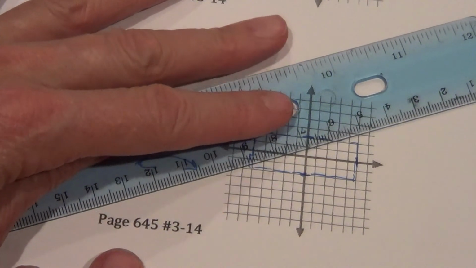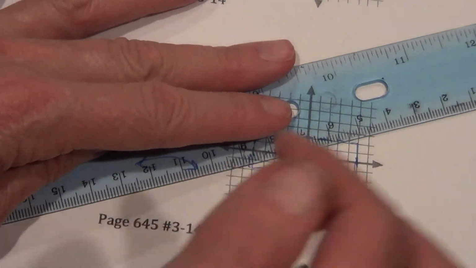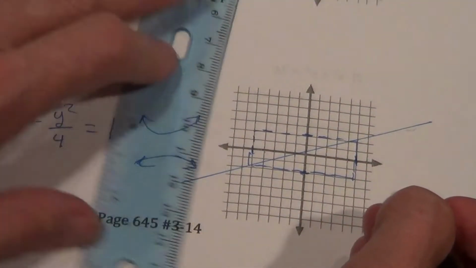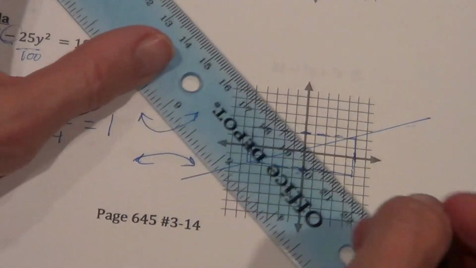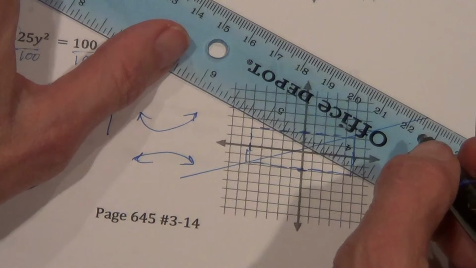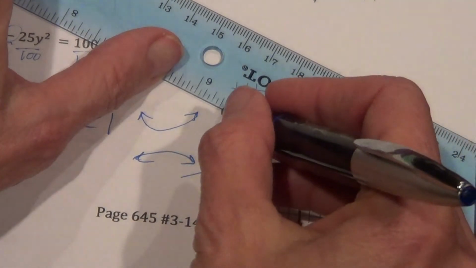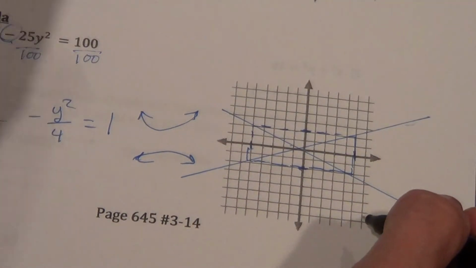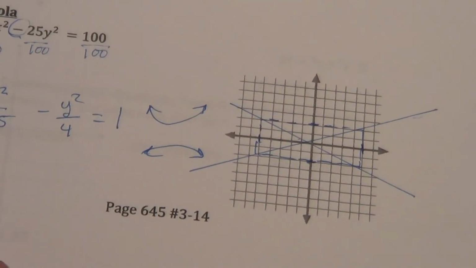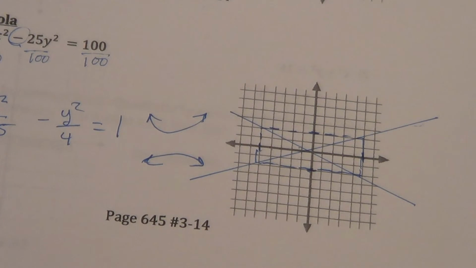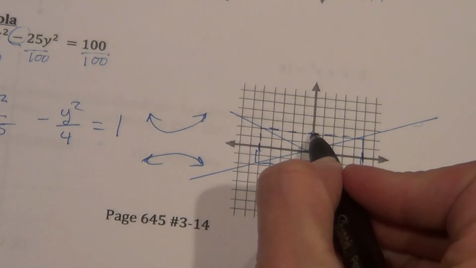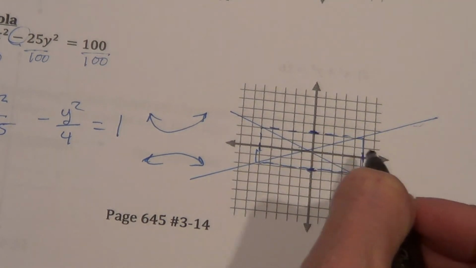These are called transverse axes, and they give you a great guideline here for a rough sketch of where the hyperbola is going. Okay, so there's our transverse axis. And now what I do is I realize that this point and this point are the vertices.